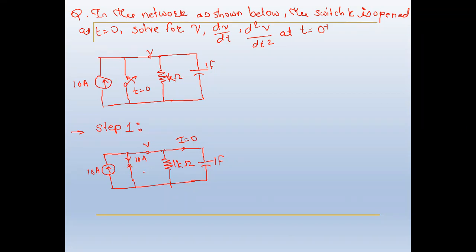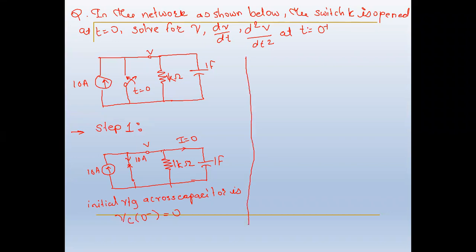Therefore, the initial voltage across the capacitor, Vc of 0 minus, is equal to 0.